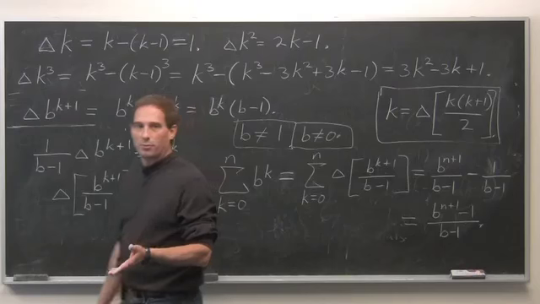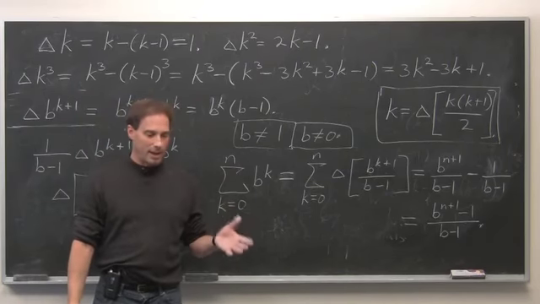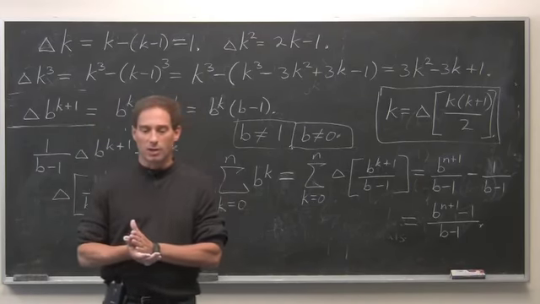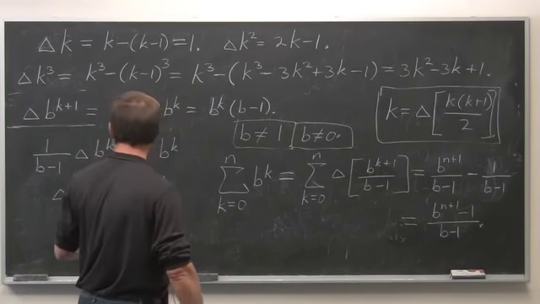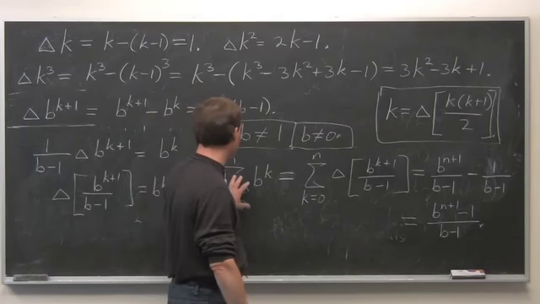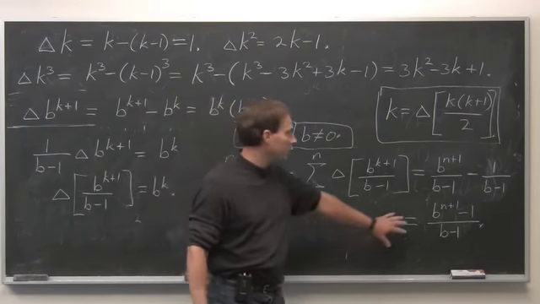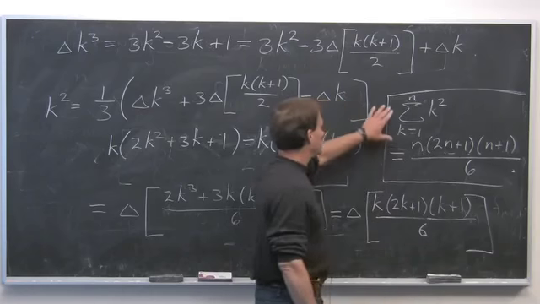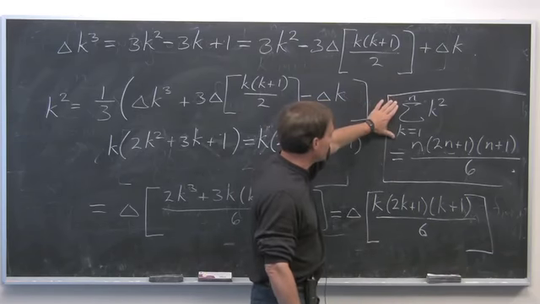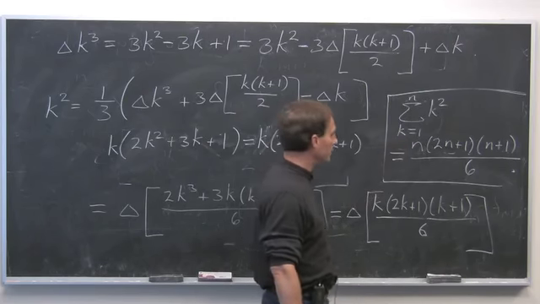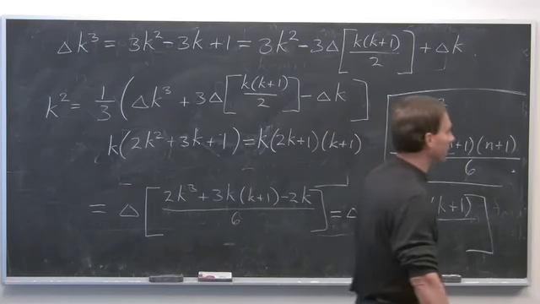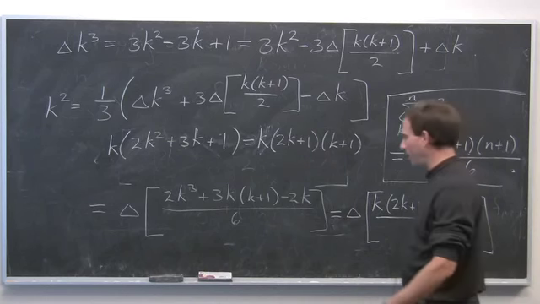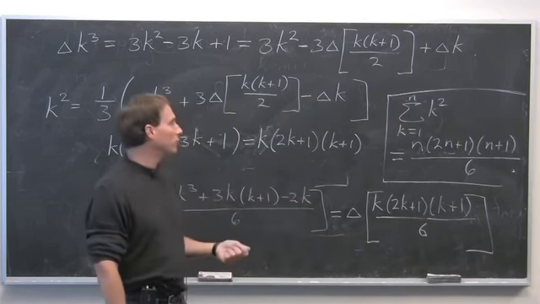So these are the fundamental properties of adding, of taking summations and taking finite differences, telescoping sums. There were some very special sums. We will use these later, that the sum of b to the k, as k goes from 0 to n, is this expression. We'll use in examples that the sum of k squared is given by this formula, and that the sum of k, just k, is n times n plus 1 over 2.